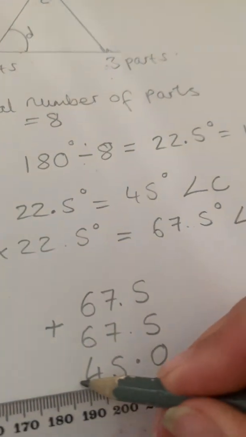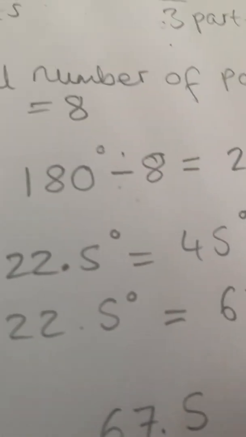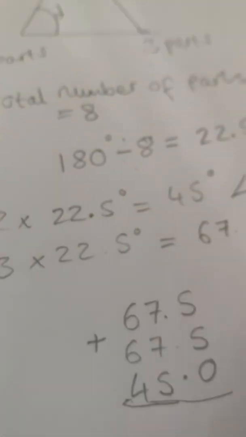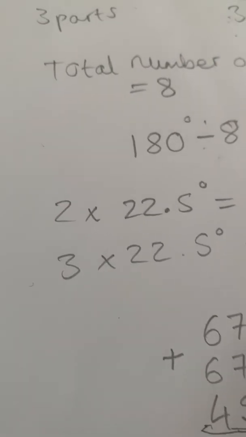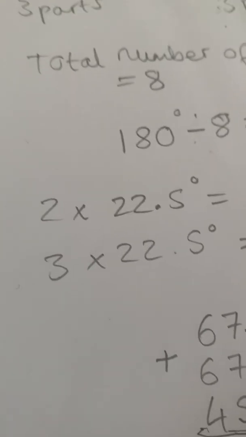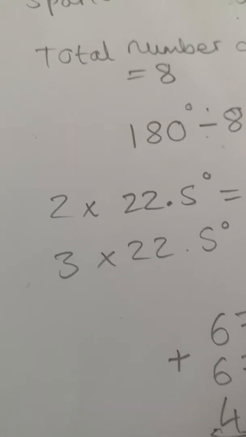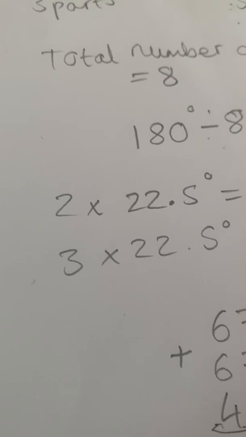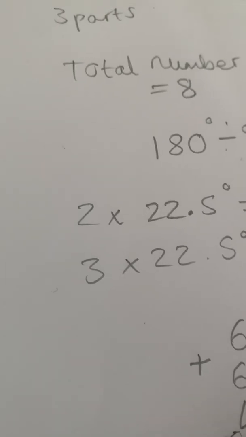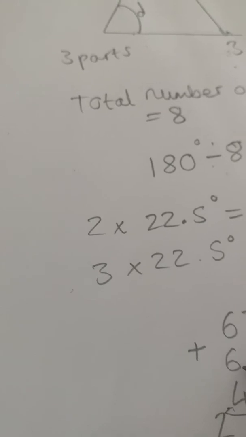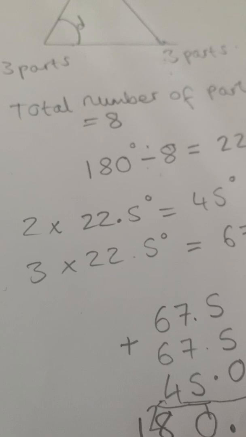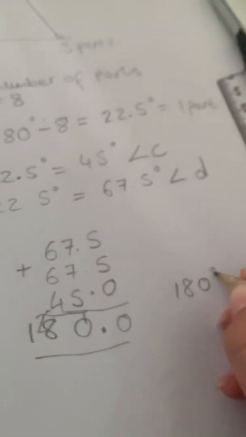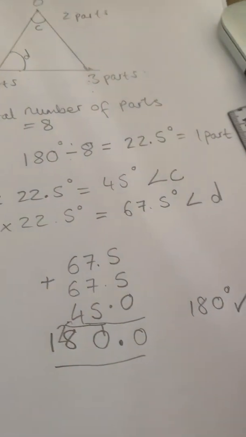We're going to quickly add those up, and 5 and 5 is 10, and then we've got 7 plus 7 is 14, plus 1 more is 15, plus 5 is 20, and then we've got 3 6s, which is 18, leaving us with 180 degrees. So we know that we have answered the question correctly.